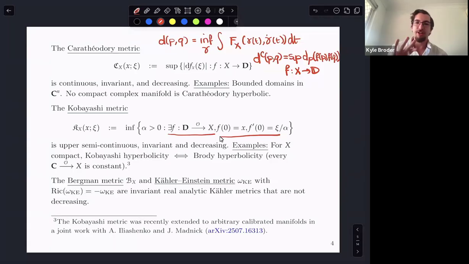So they're kind of this opposite end of the spectrum in terms of many regularity properties. And just a footnote here: many of these constructions look like they fundamentally belong to complex geometry. And one of the recent things I did with Anton Ilyashenko and Jesse Madnick was to show that one could actually extend this theory to arbitrary calibrated manifolds. So this was a rather interesting discovery.